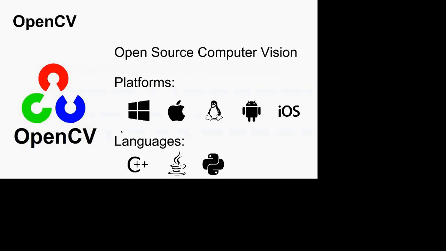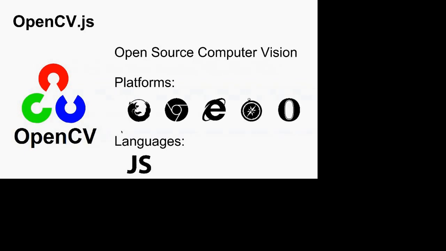OpenCV is very popular for image processing and computer vision, not only in the prototyping stage but also in real-world products. If we can leverage this powerful library and cross-compile it to the web platform, it will be very useful. So that's what we do, OpenCV.js.